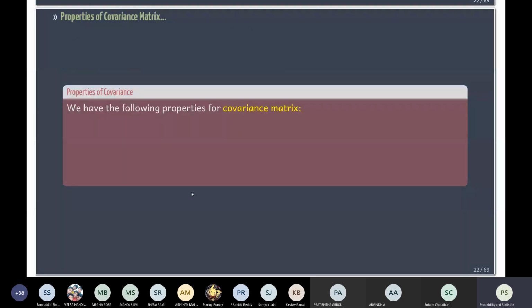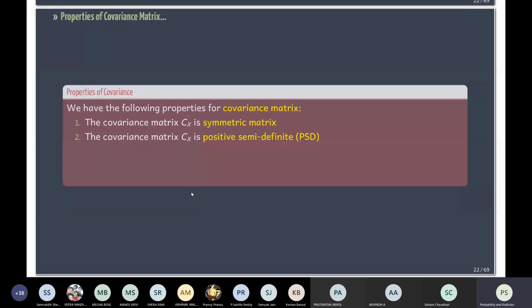So we have the following properties for the covariance matrix. The covariance matrix CX is symmetric. Okay, and the covariance matrix CX is also positive semi-definite. Okay, and the covariance matrix is positive definite if and only if its eigenvalues are larger than 0.